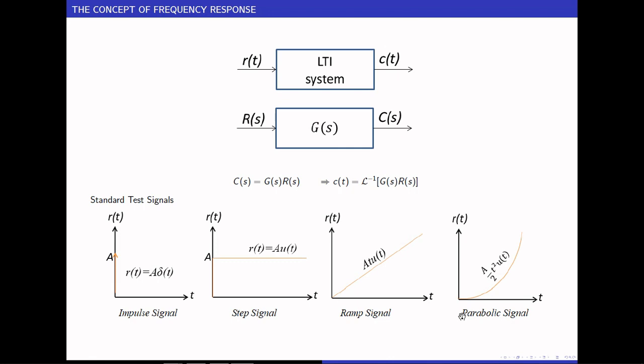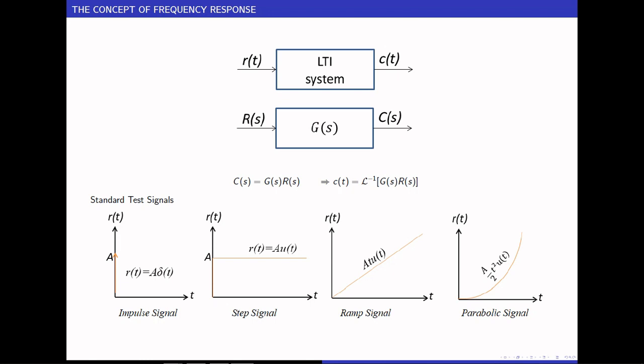So in time domain analysis, we take this R of t as any one of these signals and test the system. So when we test the system with these inputs, we get the impulse response if it is tested with the impulse input, step response if it is tested with the step input, and ramp response if it is tested with the ramp signal, and so on.